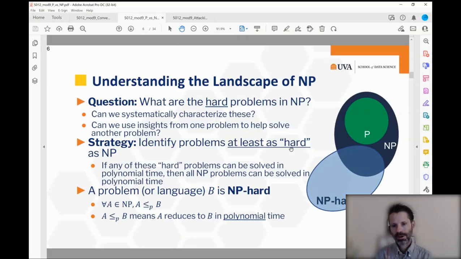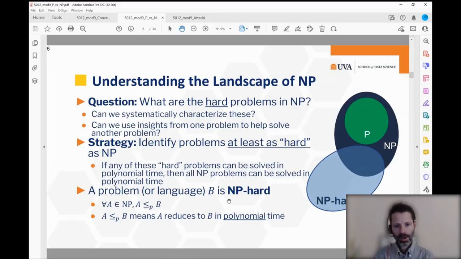So these are problems that are at least as hard as NP. Those problems that are NP-hard but also fall within the set of NP are called NP-complete problem and algorithm pairs.